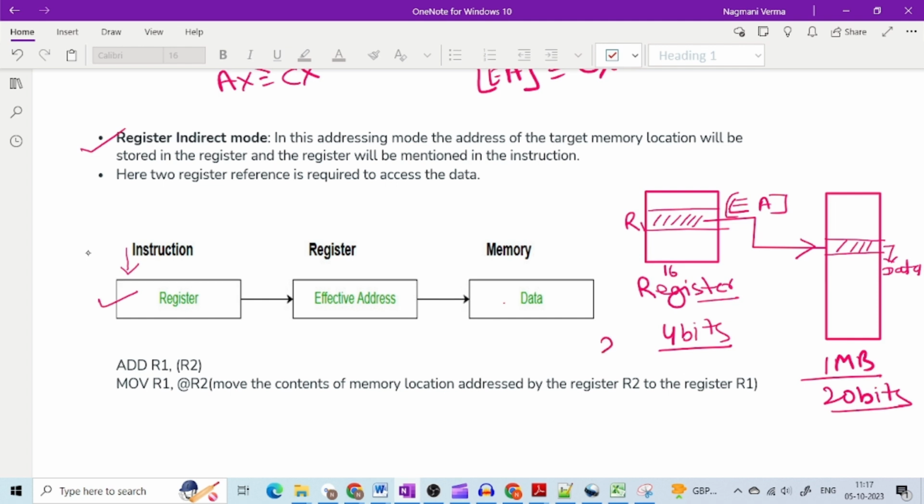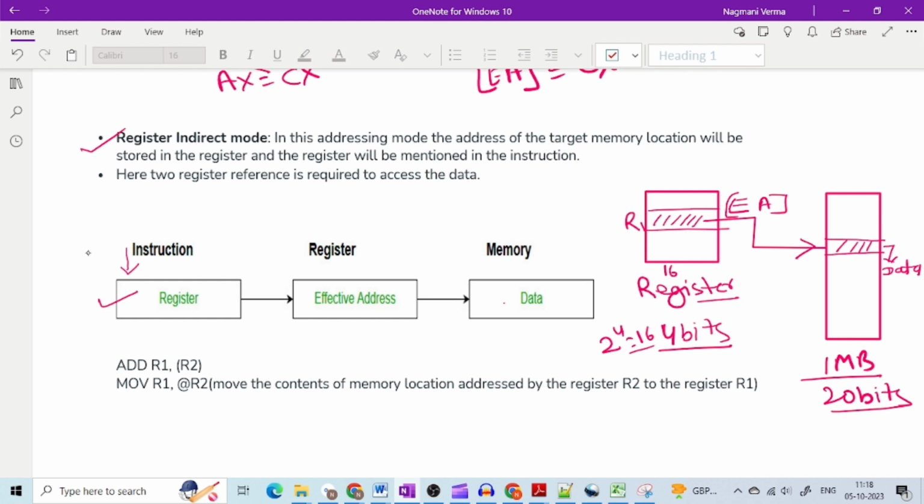So 2 to the power 4 equals 16. Now if you give the name of the register, how many bits do we need? 4 bits. From 4 bits we know which register, and from there we can go to the address and find the data. So it will reduce the size of the instruction.